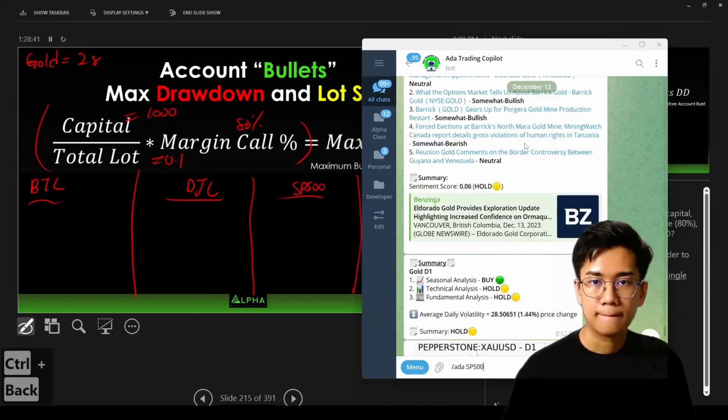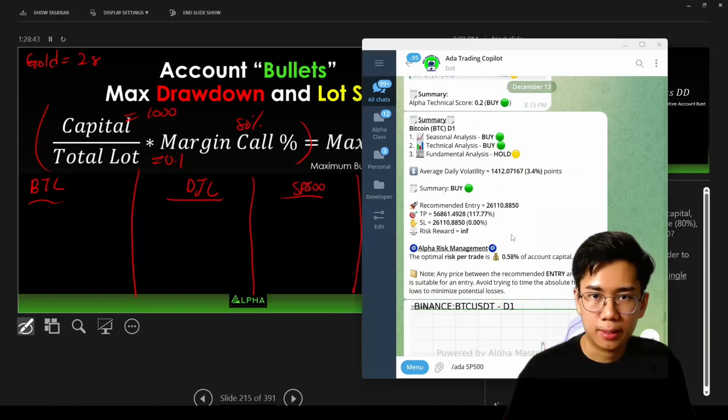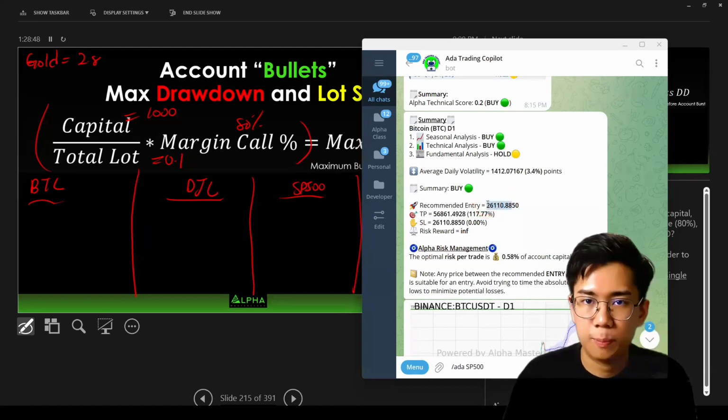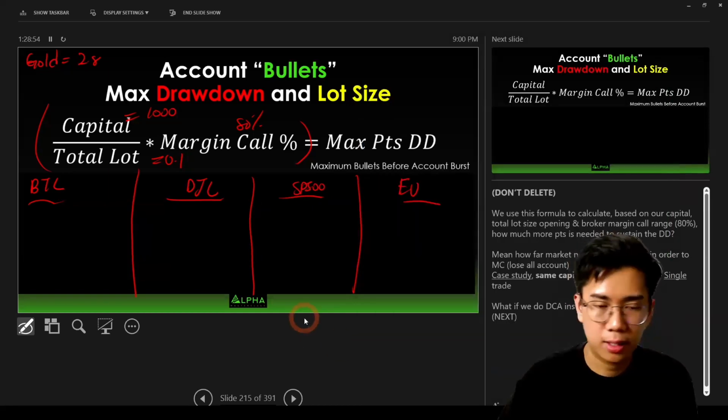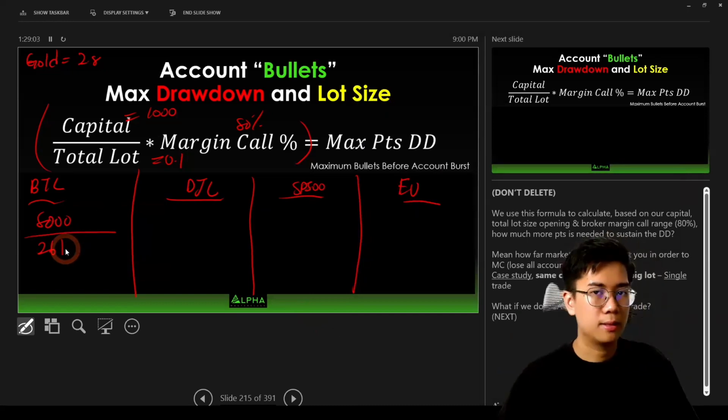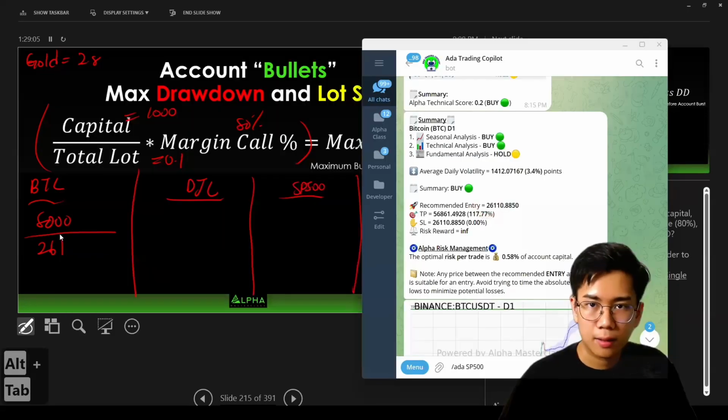Now, the volatility for Bitcoin that we just got is about 2610.88. For Bitcoin, you can just ignore the last digit, so it's 2610.8. So I just put 2611. So it's 8,000 points divided by 261.